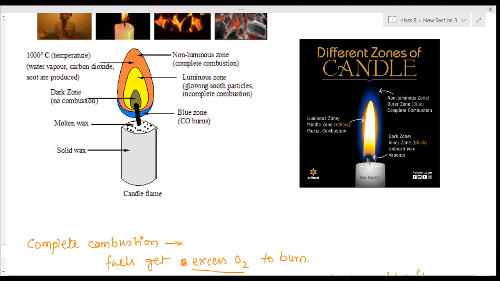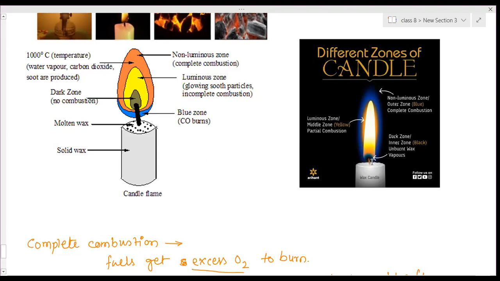Carbon particles are left out only here, which gives the black color. Combustion is not happening here, so it is a cooler zone, and the heat energy produced is very less. That is called the dark zone.